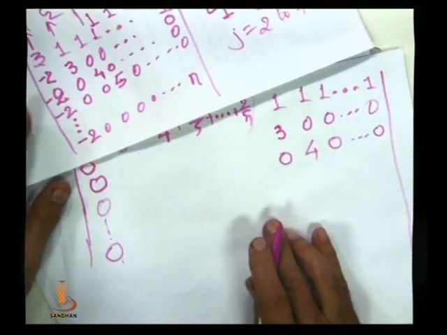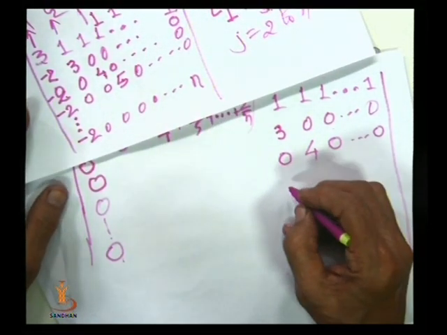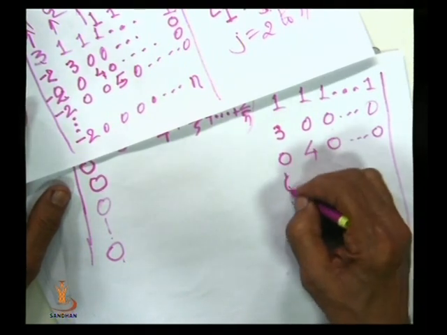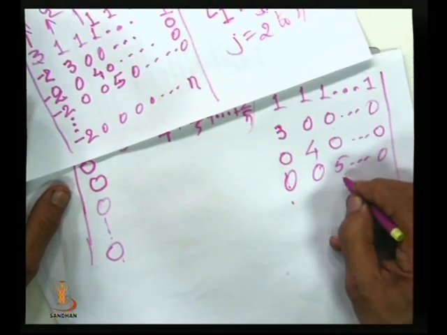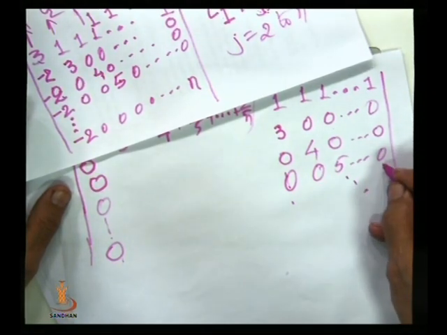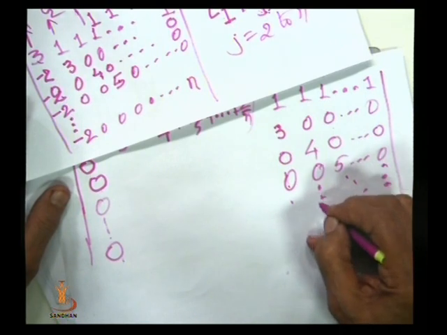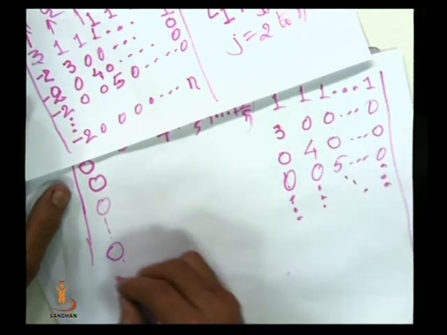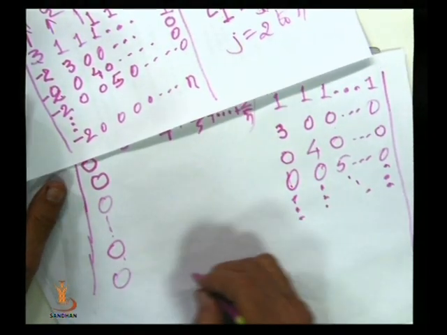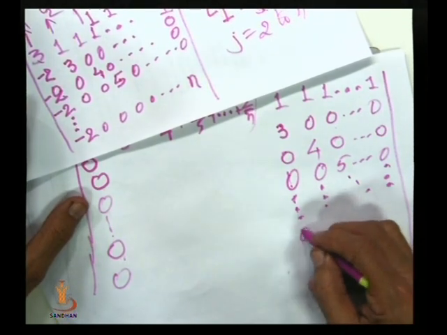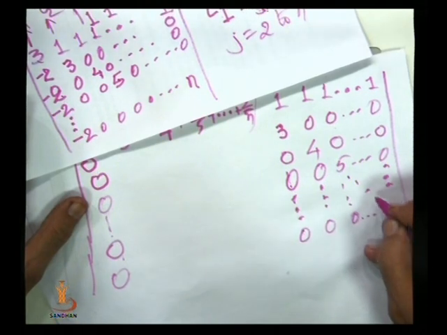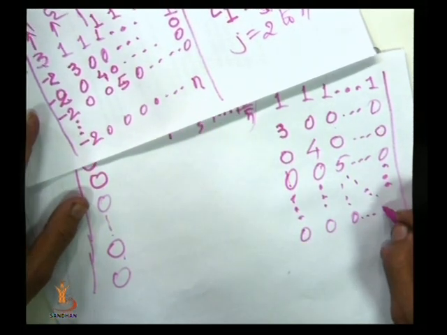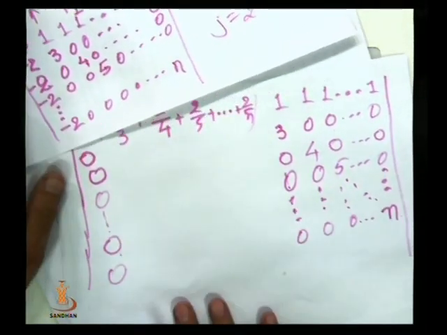So n continues this. Here 0, 0, 5, 0, and so on and so forth. So 0, then here 0, 0, 0. Last term is n.